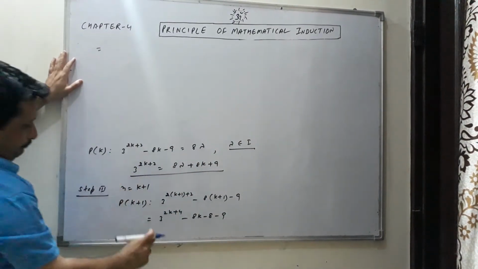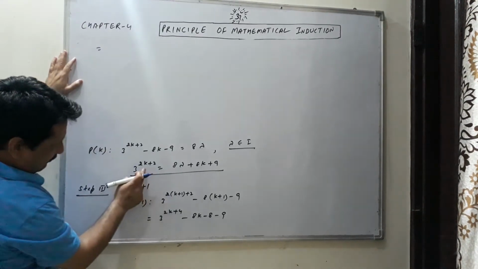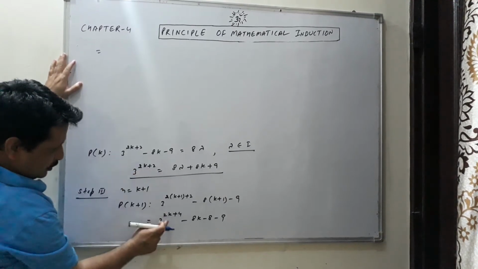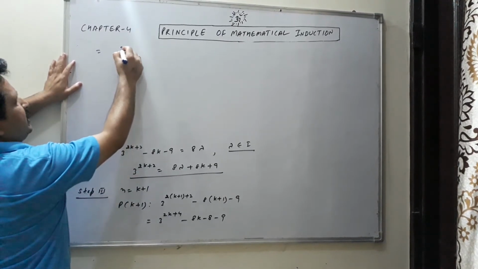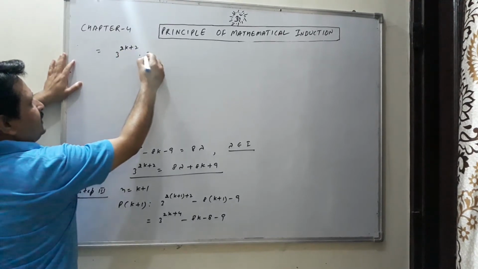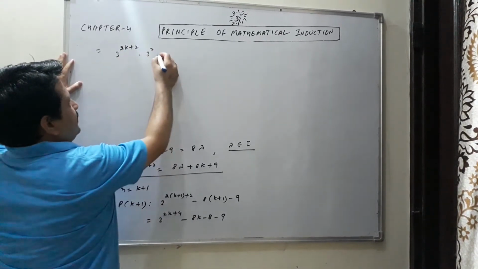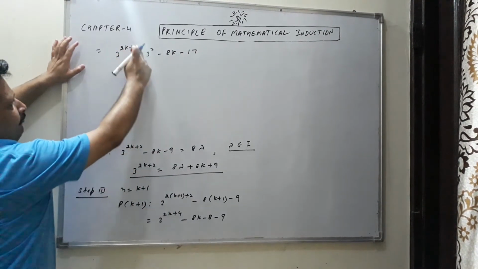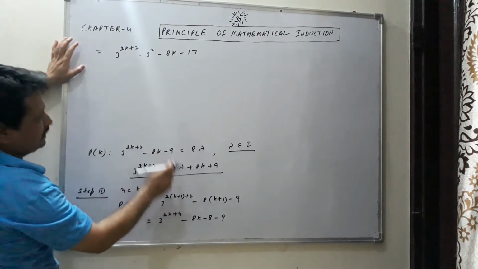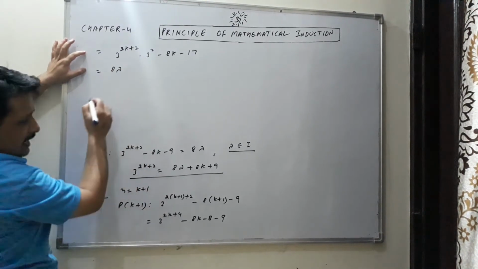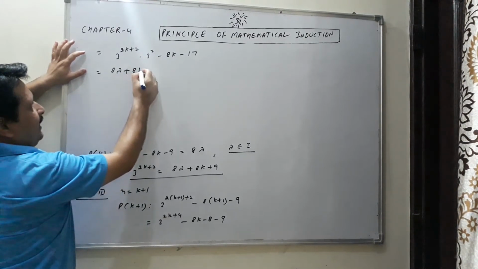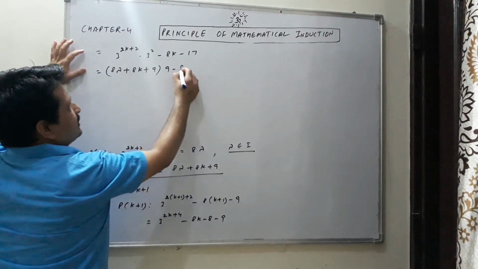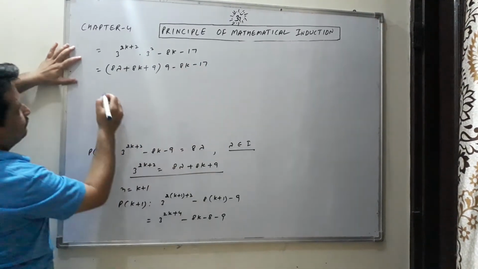Now we will make it like we did in step number 2, 3^(2k+2). So we can write it as 3^(2k+2) times 3^2 minus 8k minus 17. Now here we will use step number 2 and put this value here: (8 lambda plus 8k plus 9) into 9 minus 8k minus 17.